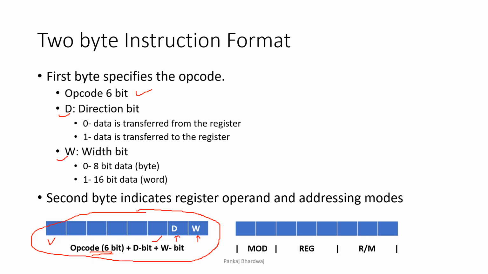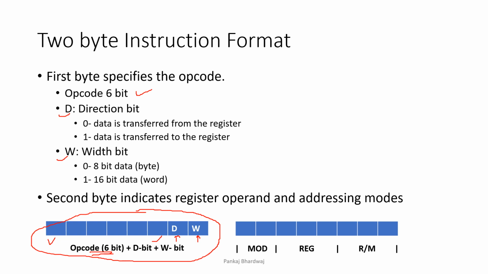Now if the direction bit is 0, that means data is transferred from the register, and if it is 1, the data is transferred to the register. So it classifies whether we are taking the data from the register or giving the data to the register. The W is the width bit.